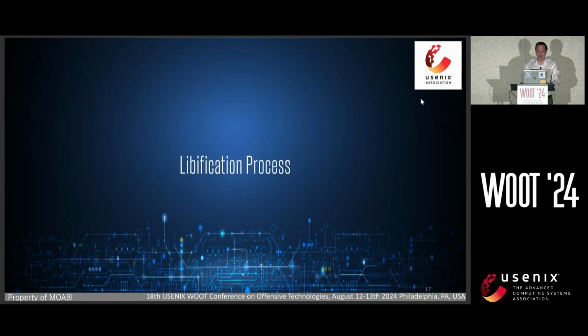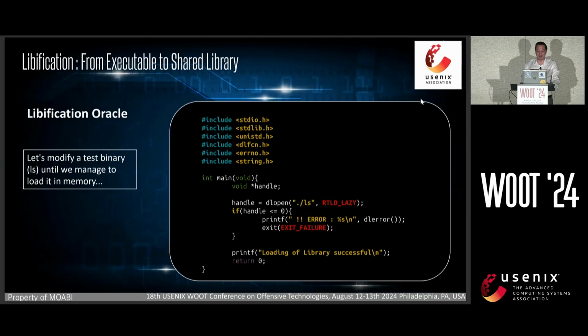So let's try how to do this practically. We started with a libification oracle. The idea in this slide is basically we're going to take an application. We took ls from coreutils because it's a simple ELF binary. We try to load it through dlopen, which is a primitive from the dynamic linker to load shared libraries at runtime.